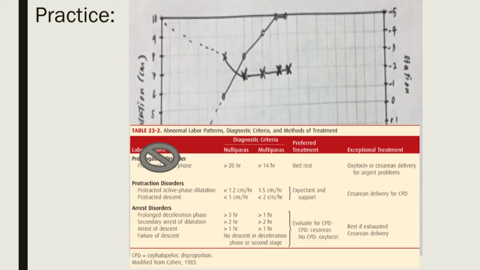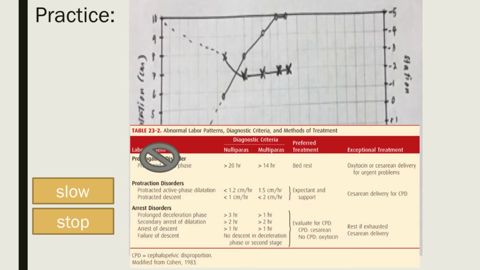When we say protraction disorder, it means that the labor is abnormally slow, from the word protraction or protracted, meaning slow. Arrest disorder means that the labor stopped, or the progress of labor stopped. Now remember from my previous lecture that the normal labor curve has the shape of a sigmoid curve.